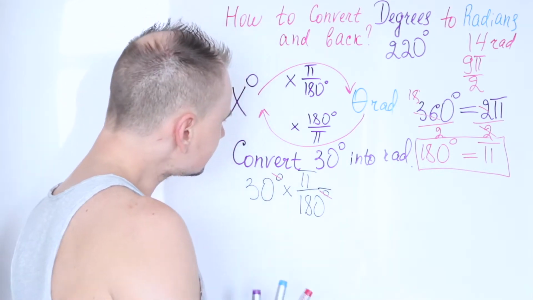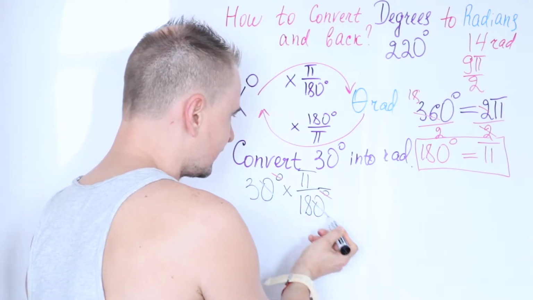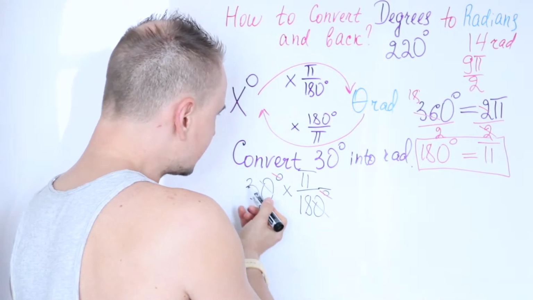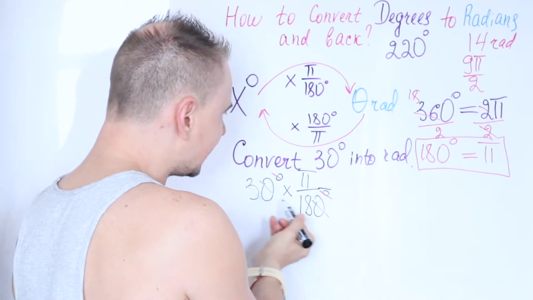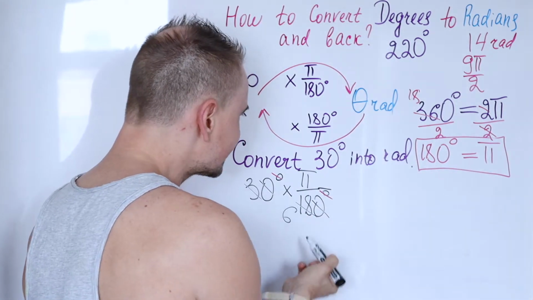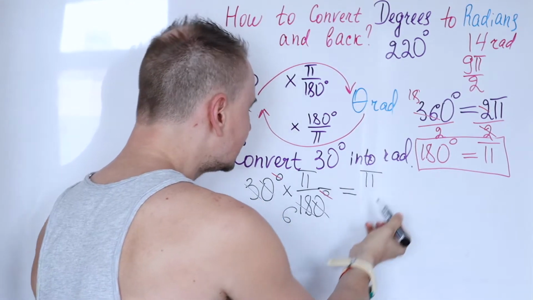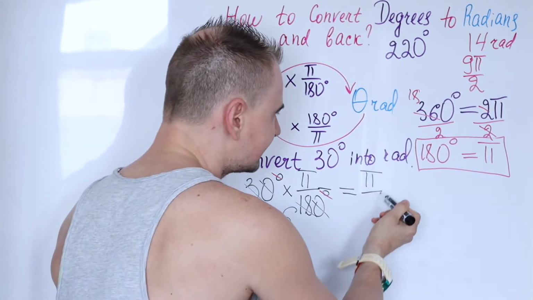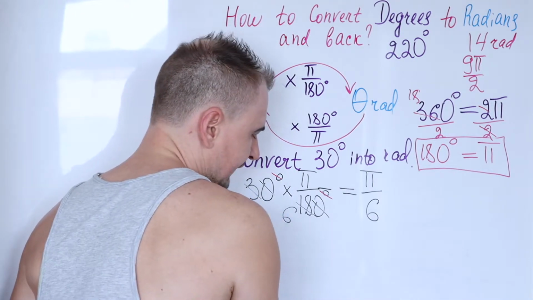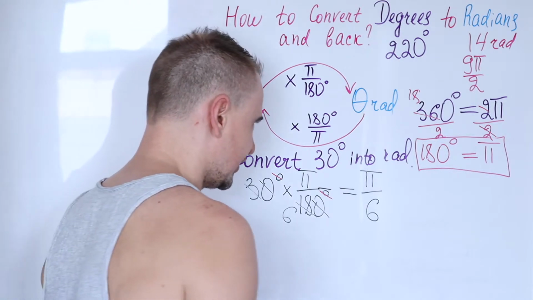So the great news is that this 0 would cancel each other out. And also, since 3 fits into 18 6 times, and you still have this pi on top of your fraction, you would be left with pi over 6. That's your radian measure for that 30 degrees.